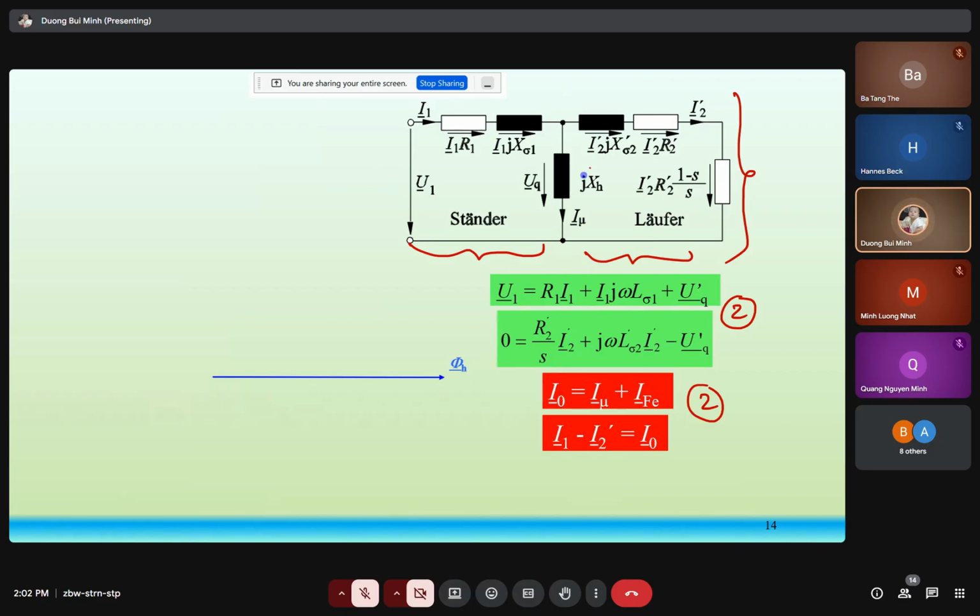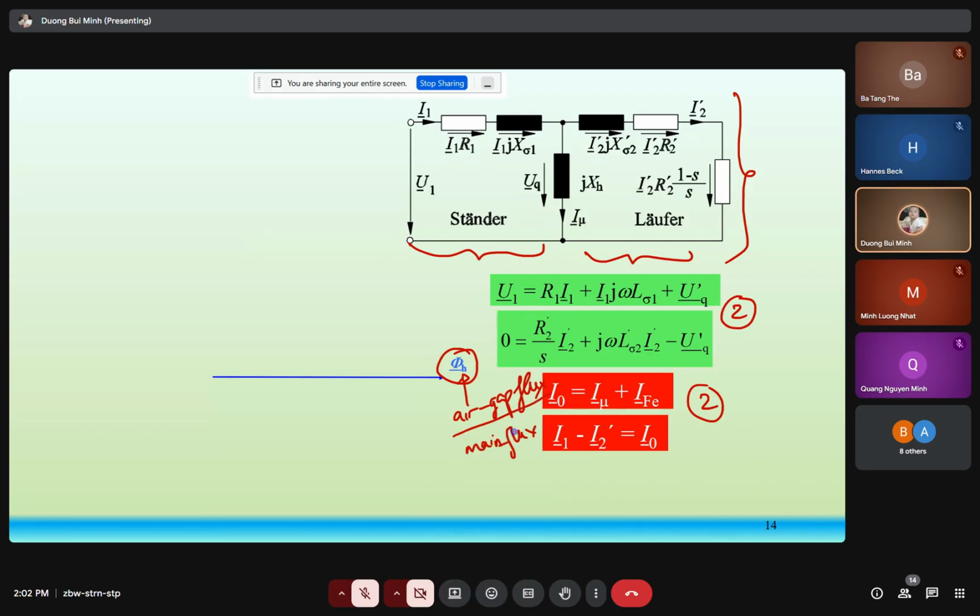When you draw the vector diagram of the equivalent circuit of induction motors, you start at phi x. What does phi x mean? Phi x means air gap flux, or we say main flux.